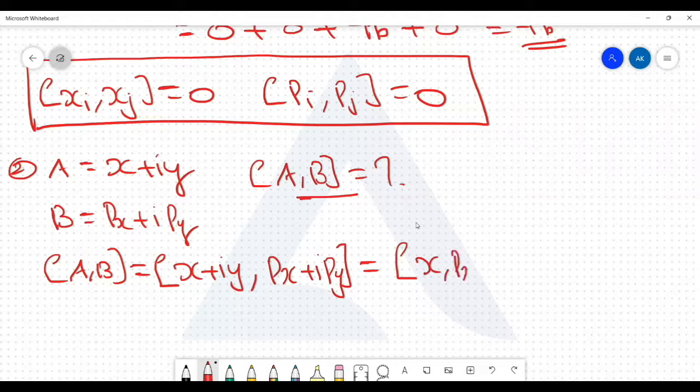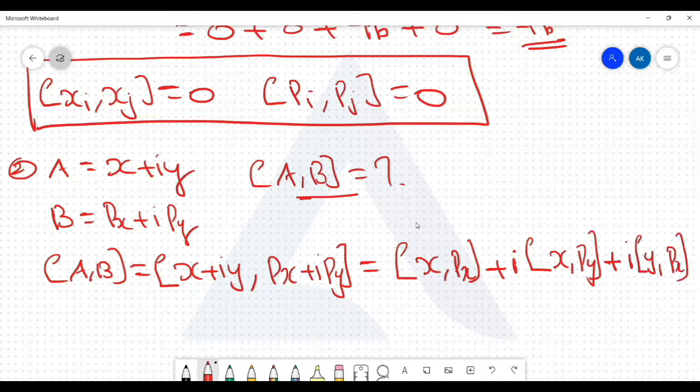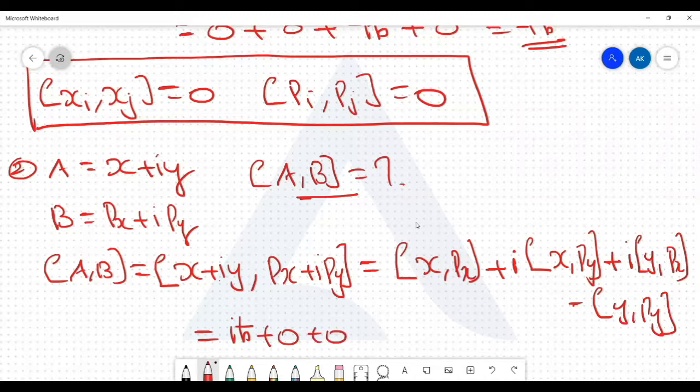So [x, px] plus i is a constant, pull it out, [x, py], plus i is a constant, [y, px], i with i is negative, [y, py]. Now apply the identity: [x, px] is iħ, i times [x, py] is 0, [y, px] is 0, [y, py] is iħ, therefore minus iħ, and totally our answer will be 0.